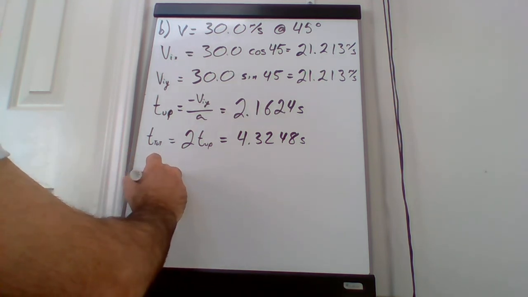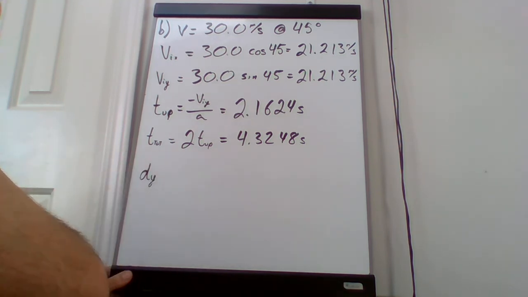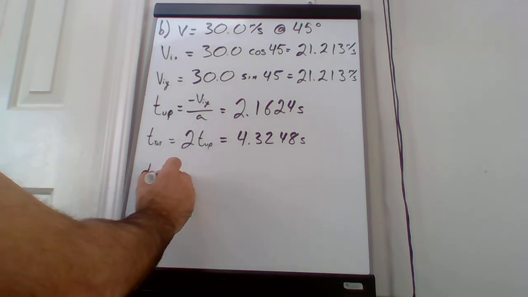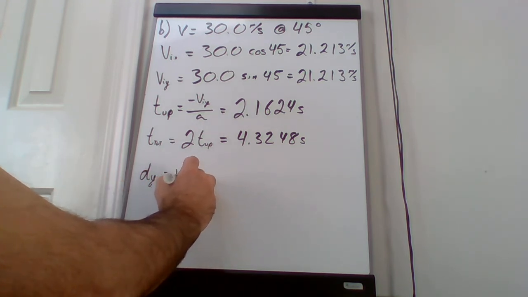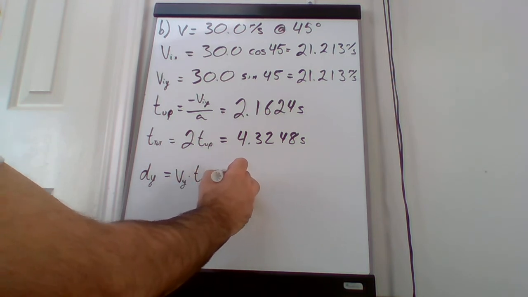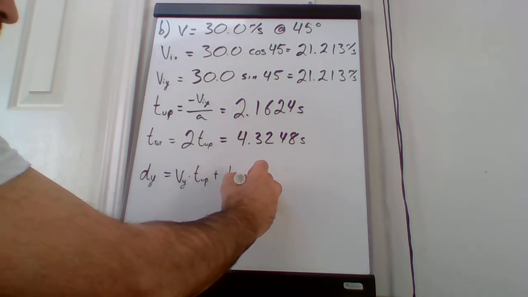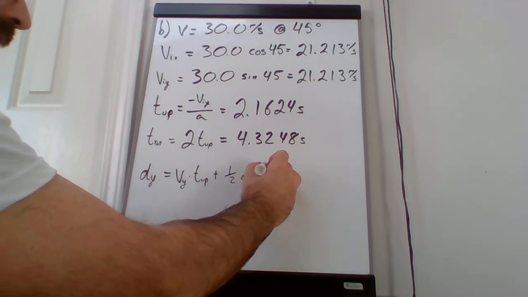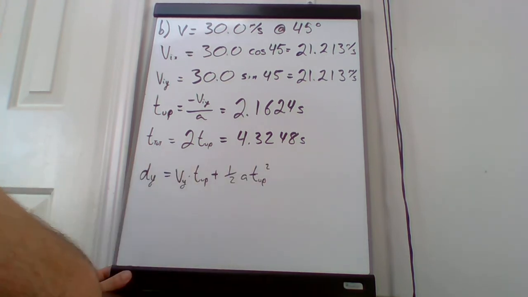Now, my dy, this is the one that's that very lengthy formula. So we're going to have that Viy times the time up plus 1/2 A t up squared.